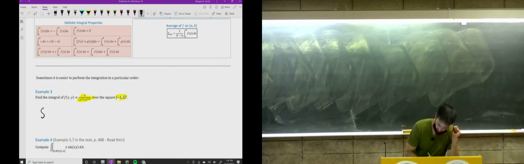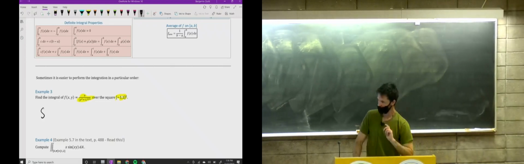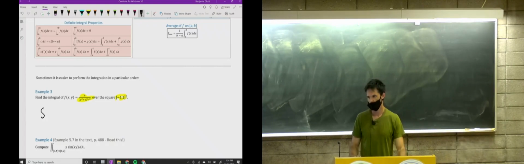So which variable should we integrate with respect to first? There's an easy one to do first and a hard one. In fact, I don't even know what the other one is, not off the top of my head.